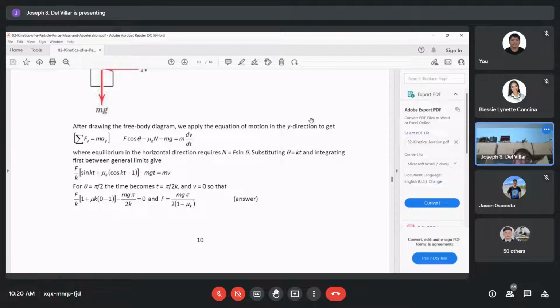Okay? So integrate one at a time, yung F cosine theta. Pero before you integrate, papalitan nyo ng kt yung theta. At yung N, si F sine theta. Yun yung dalawang papalitan nyo. Okay? Nakakuha ba or do I need to explain that?